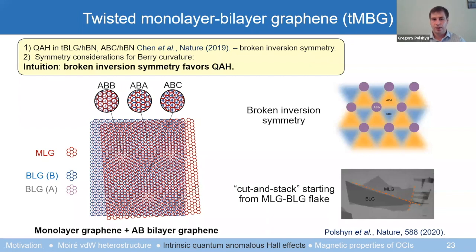And twisted monobi is actually the simplest twisted graphene heterostructure which has intrinsically broken inversion symmetry, even without any alignment to the substrate. This can be seen in the Z direction because there is one layer on one side and two layers on the other side of the twist plane.